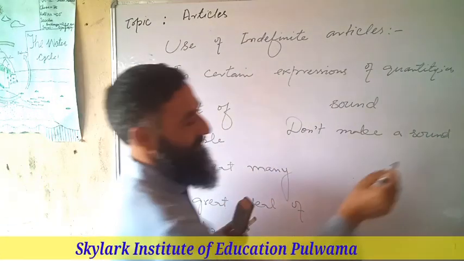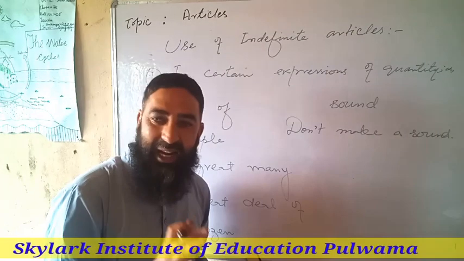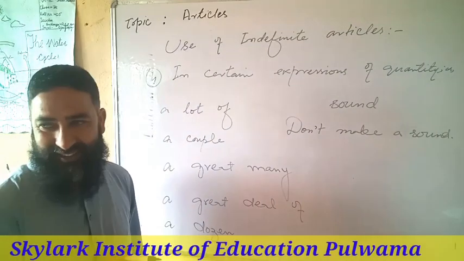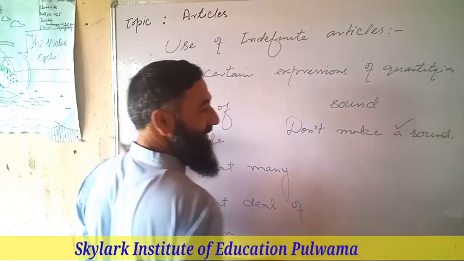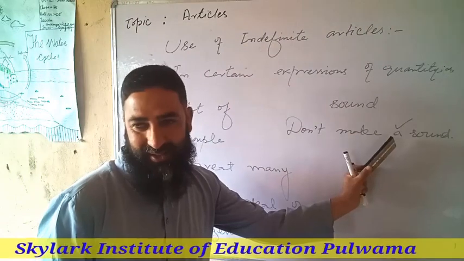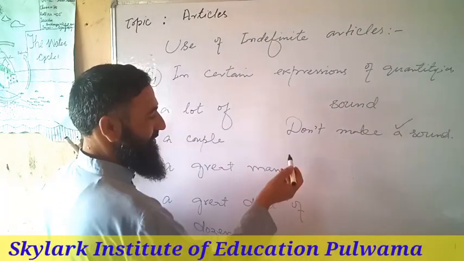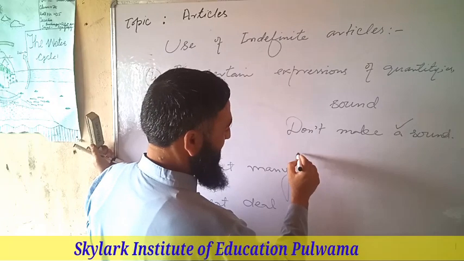Don't make a sound. This sound, is it a countable noun or an uncountable noun? This is uncountable. Then how are we using this article? Because it is an exception. In the same way, you say make a hurry.